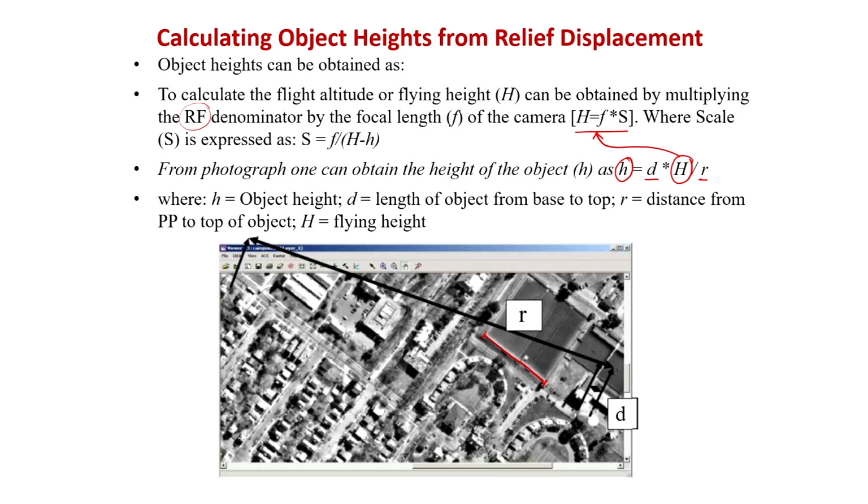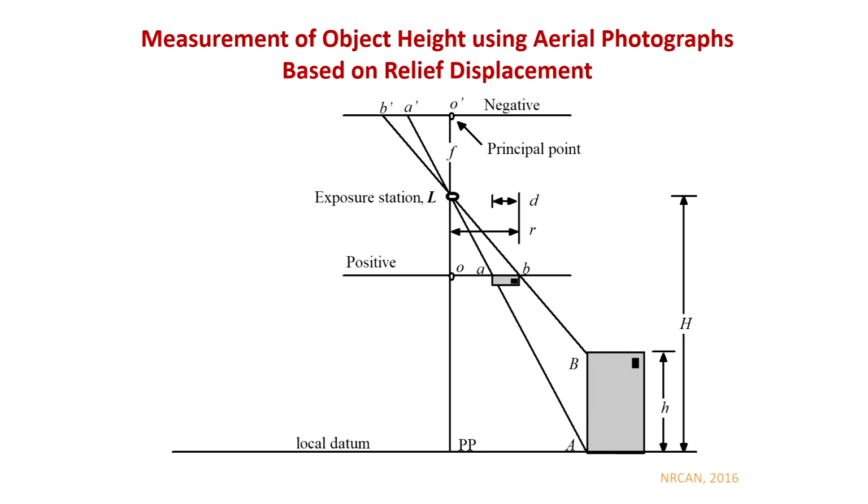This part is the height of the building here, and h, as we have discussed, you will get from this formula. So if you have to measure the height of this building, which is actually AB, how are you going to get it?